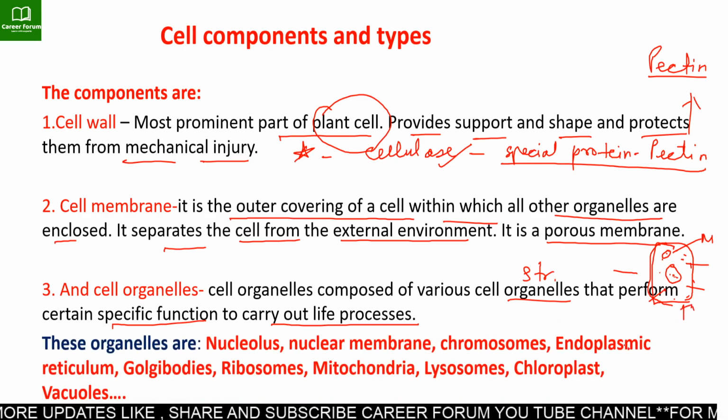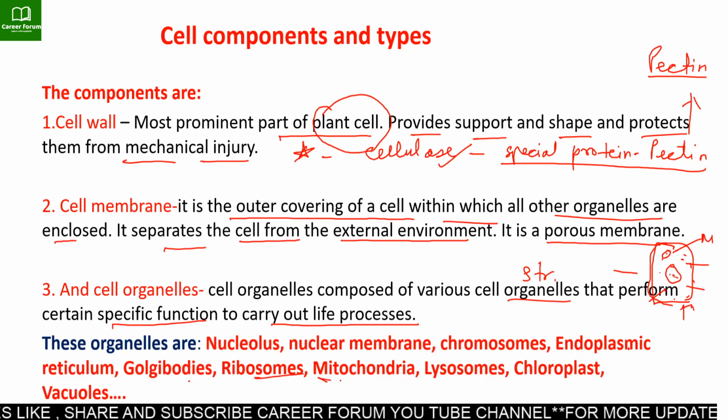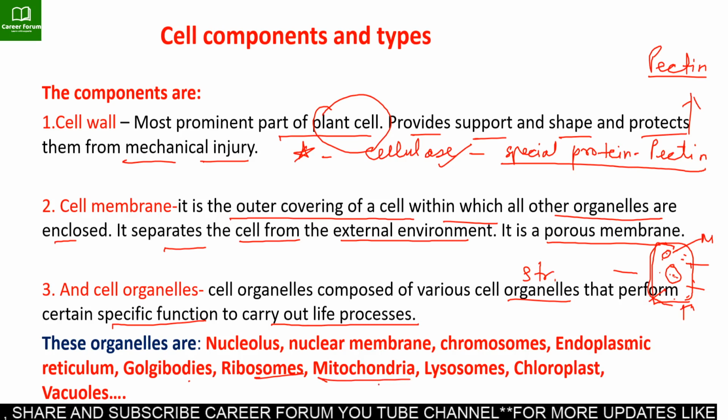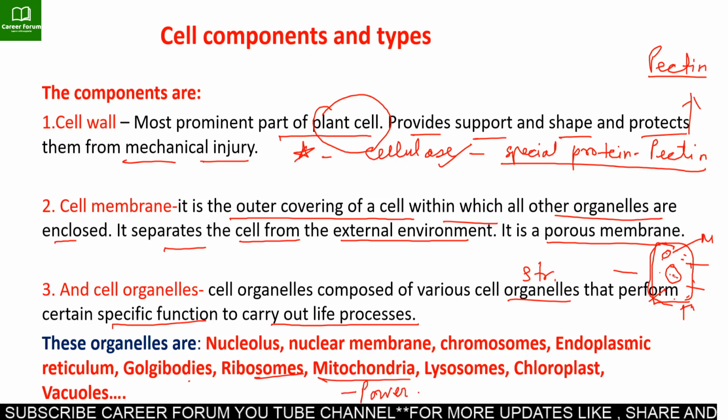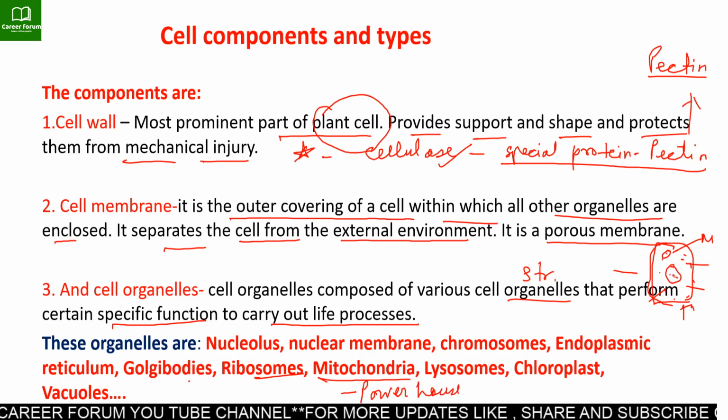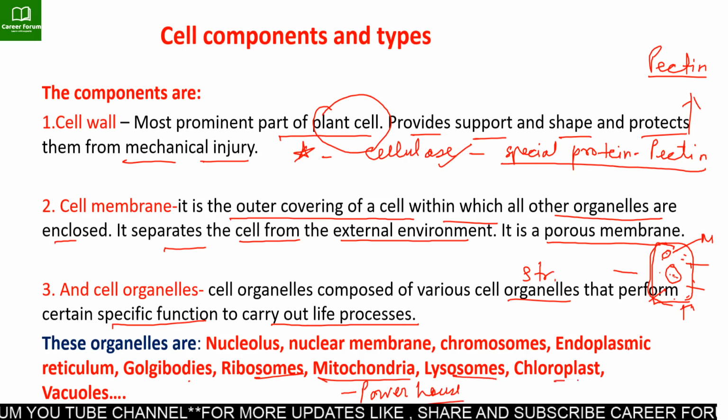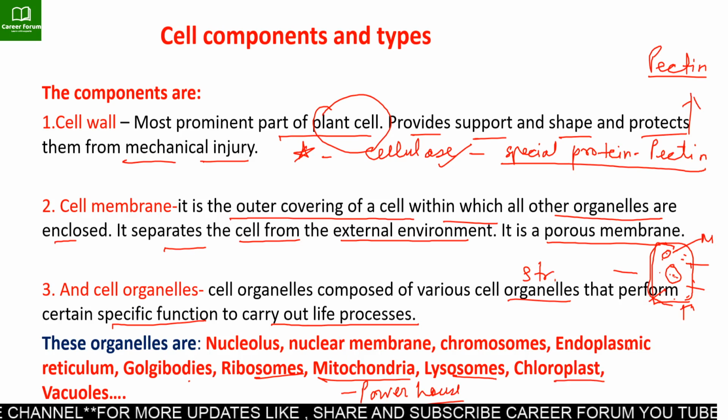Okay, endoplasmic reticulum, Golgi bodies, ribosomes, important for protein synthesis, mitochondria, important. This is the powerhouse of the cell. These are the important points that we will discuss later, but you all have to be specific with this. Okay, lysosomes, also called suicidal bags, chloroplast, vacuoles. These are the cell organelles that we will discuss later.